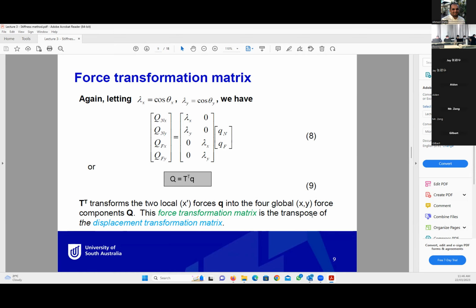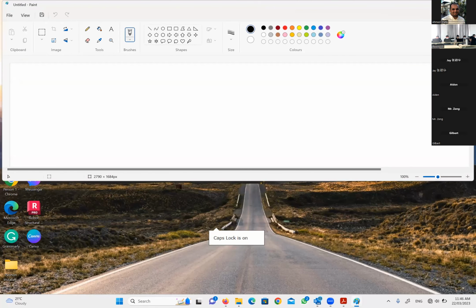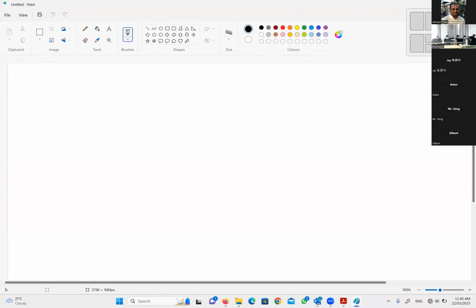Okay, just a revision of what we have. We have displacement, which is equation 4.